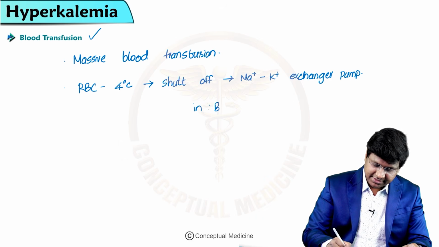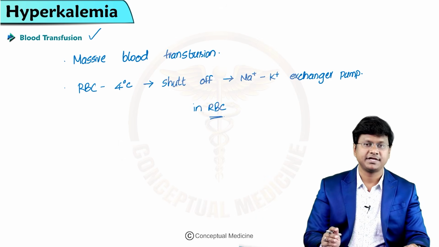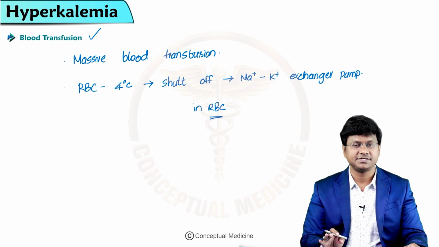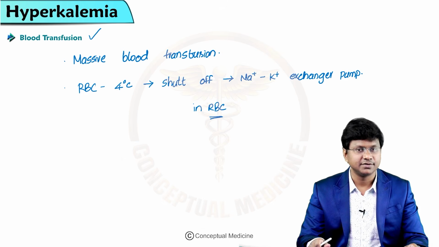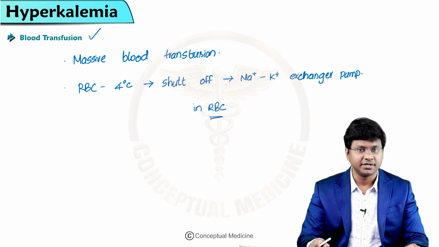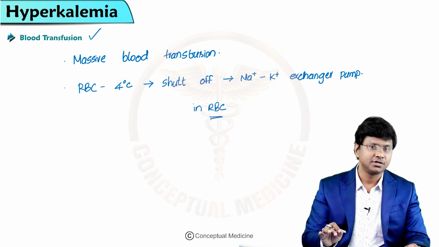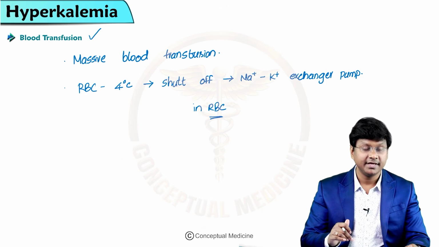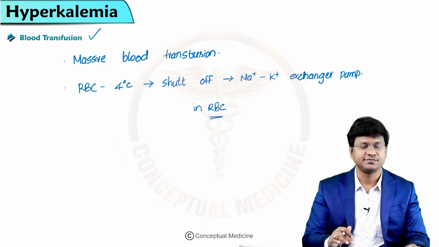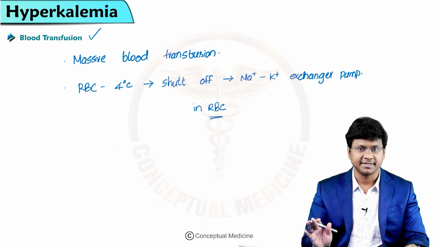Once the sodium potassium exchanger pump is shut off in the RBC, the potassium will not enter into the cell, and that will cause the hyperkalemia. That is the mechanism why, when massive blood transfusion is done, there is hyperkalemia.